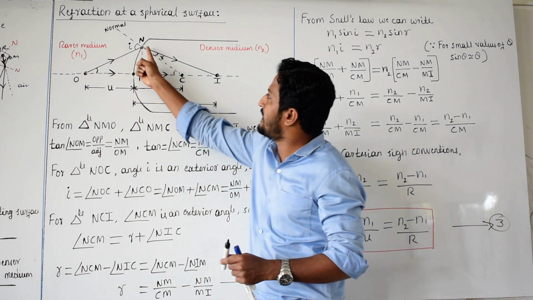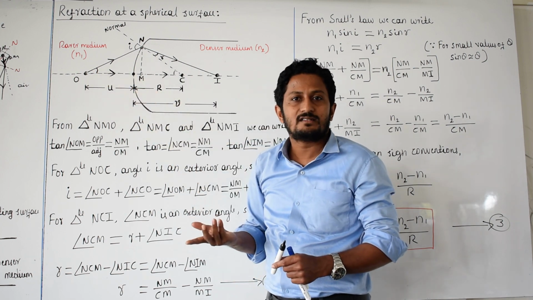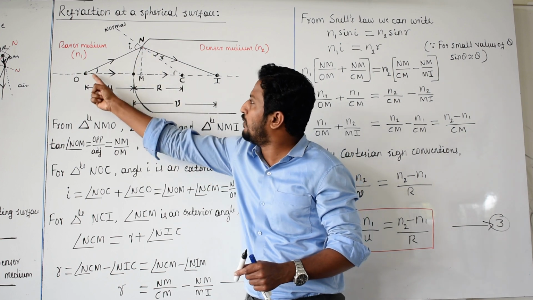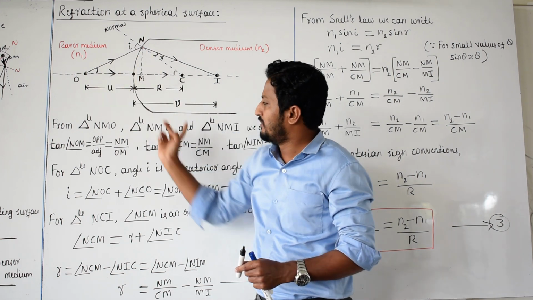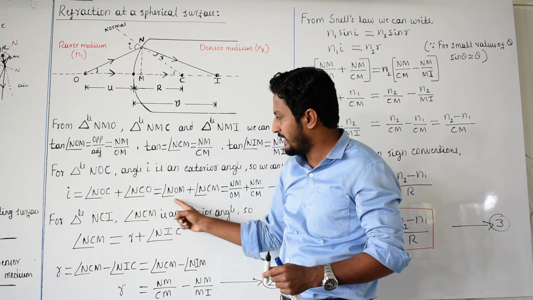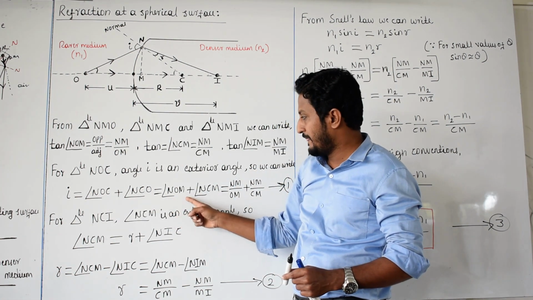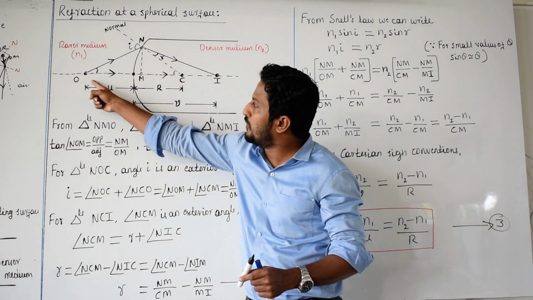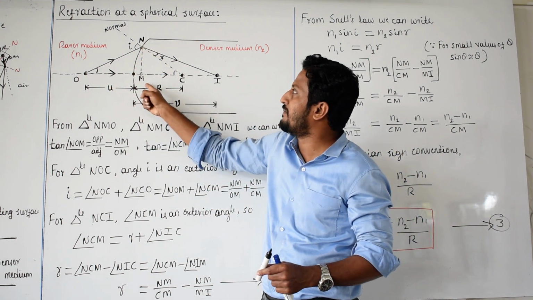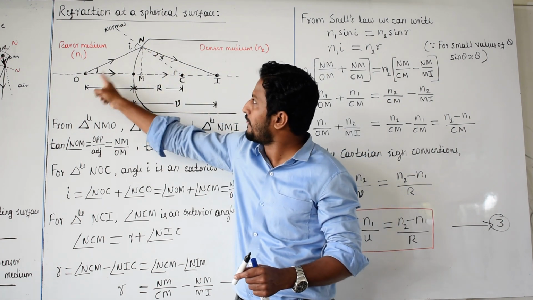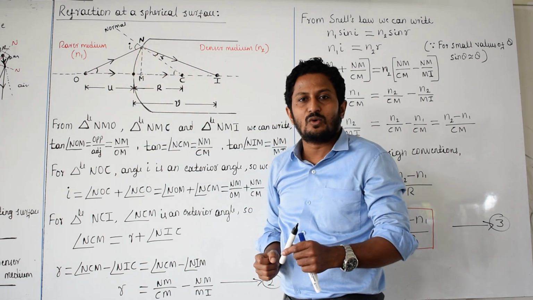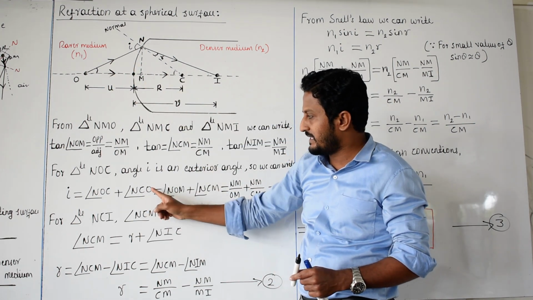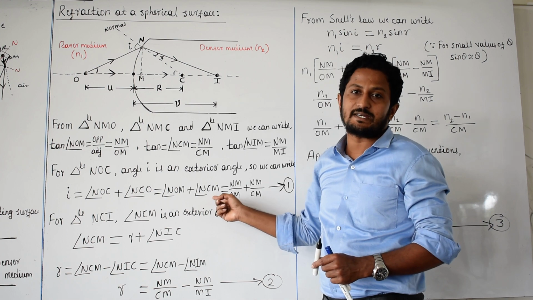NOC and NOM are both the same angle, this angle only. NOC I replaced by NOM, plus NCO. NCO I replaced by NCM. See this angle: NCO is equal to NCM. That's why I replaced NCO by NCM.